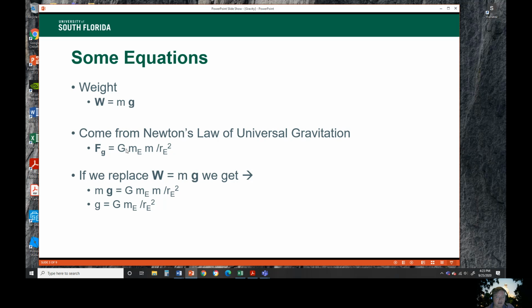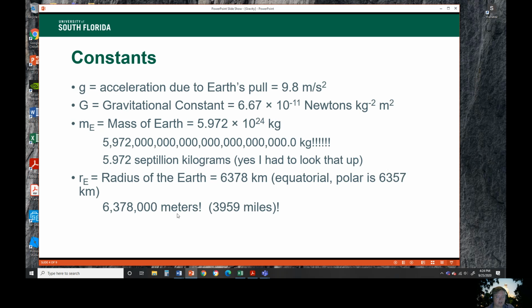But that g is based off a whole bunch of different constants: the mass of the earth, G, which is the gravitational constant, divided by the radius of the earth squared. Now, we're not going to get into the math too much, but I do want you to know some of this stuff, because as we're talking about the nature of science, one thing that we really never talk about is the history of science.